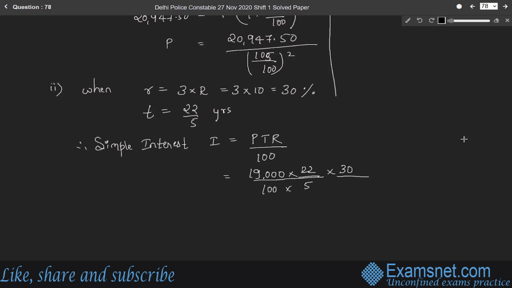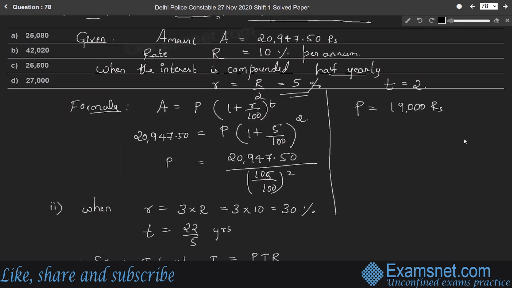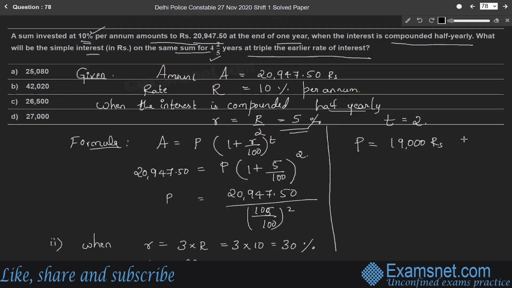So on simplification, you will get 25,080 rupees. Okay. And the time period is 4 integer 2 by 5 years, and when the rate of interest is triple the earlier rate of interest, that is 30%, then the simple interest becomes 25,080 rupees. Therefore, option A is the right answer.